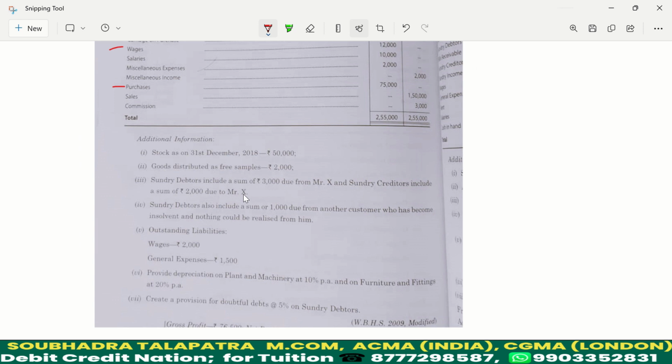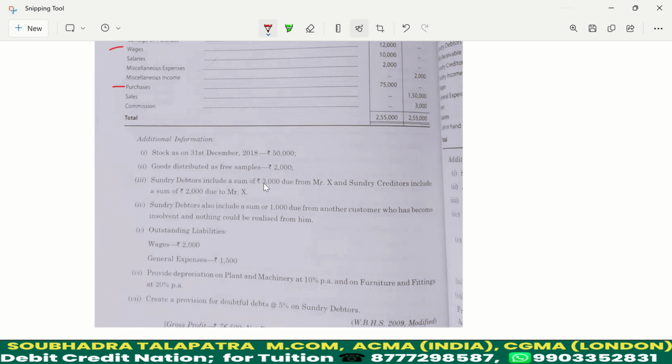So it says that I am supposed to collect 3000 from X and X is supposed to collect 2000 from me. So I will collect 3000 from X, and again I will give 2000 to X. It doesn't make any difference, right? So in this case there is a contra entry. Like in cash book you do cash account debit to bank account or bank account debit to cash account. Similarly there is a contra. How much is common?